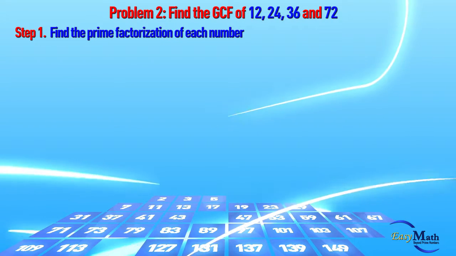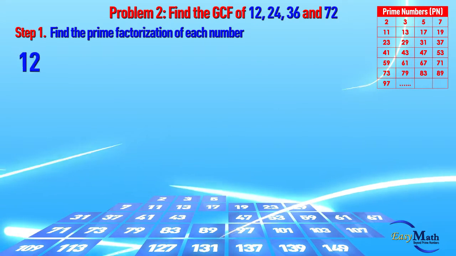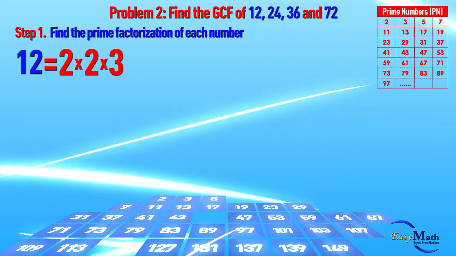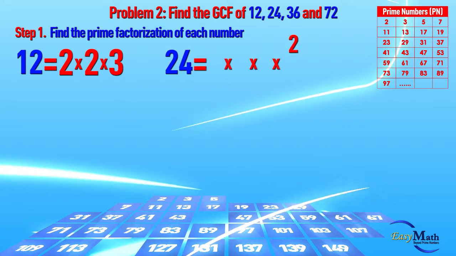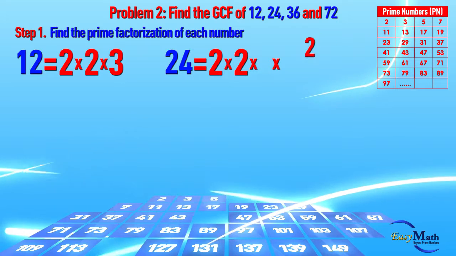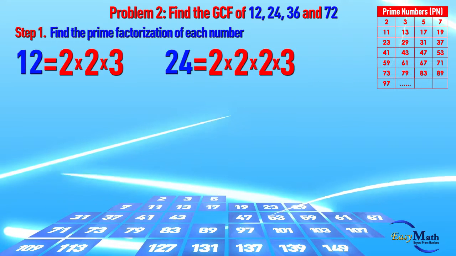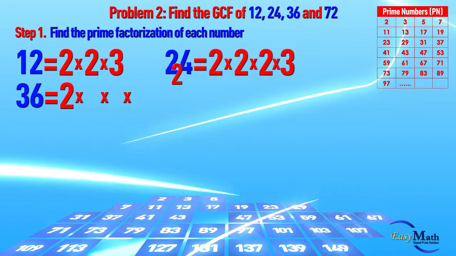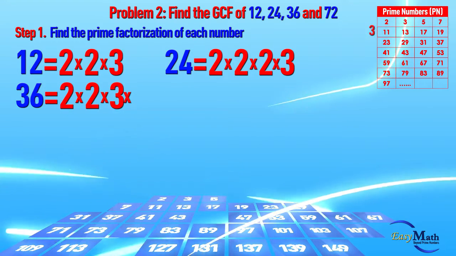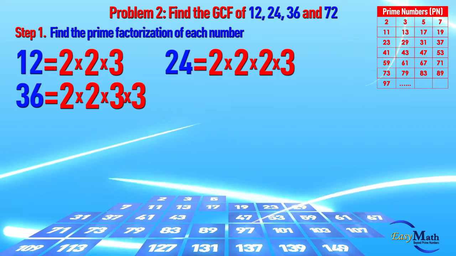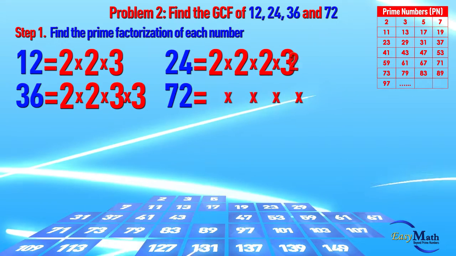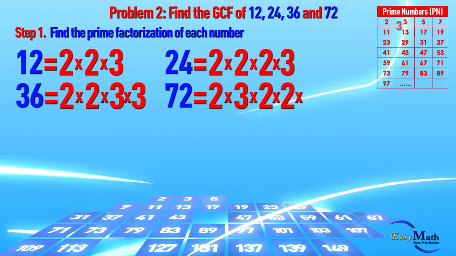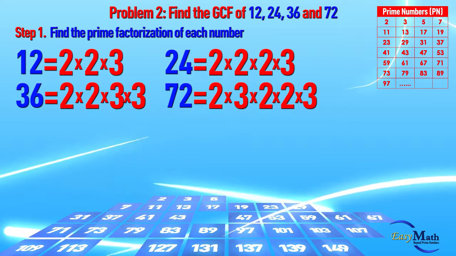Find the prime factorization of each number. 12 equals 2 times 2 times 3. 24 equals 2 times 2 times 2 times 3. 36 equals 2 times 2 times 3 times 3. 72 equals 2 times 3 times 2 times 2 times 3.